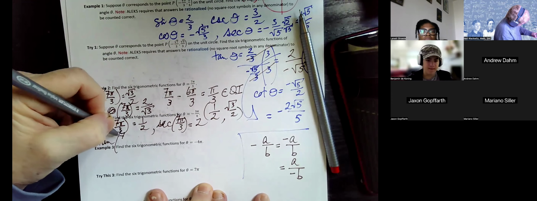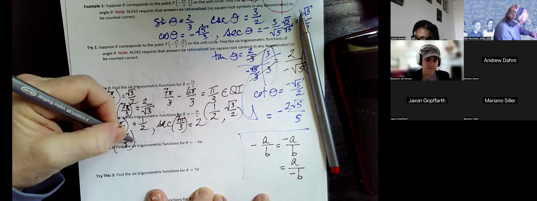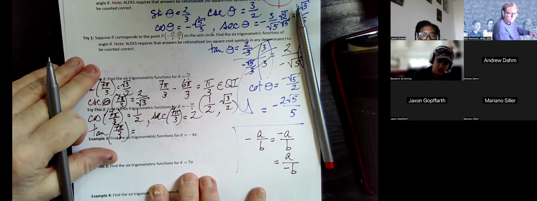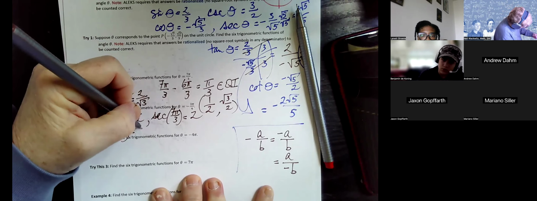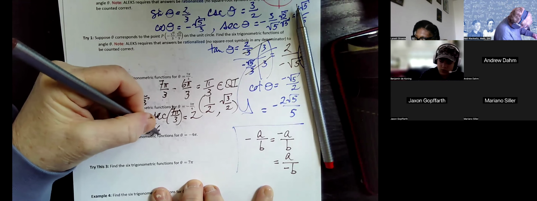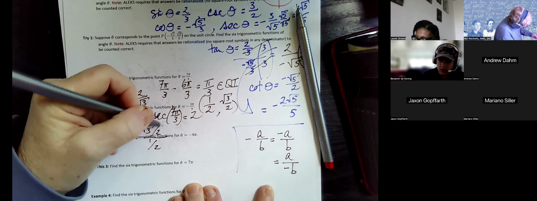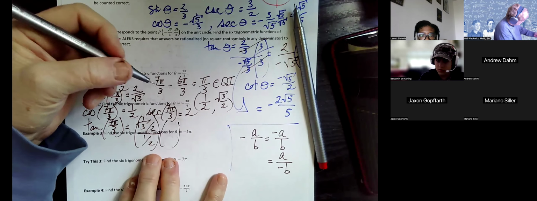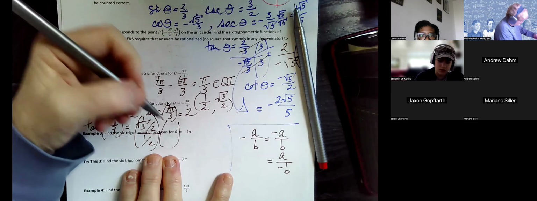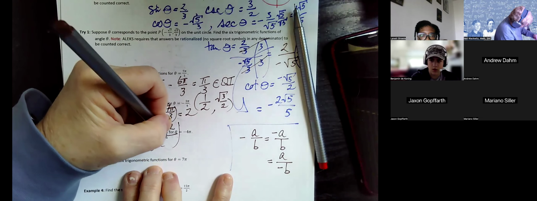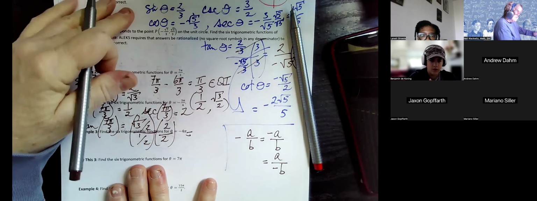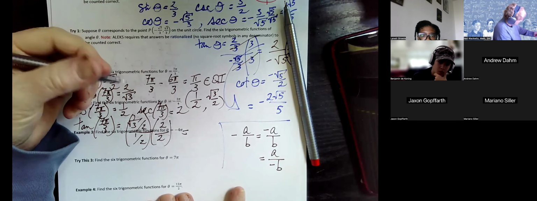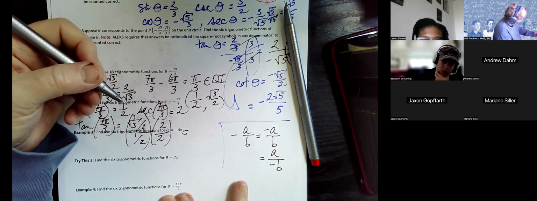The tangent of 7 pi over 3 is square root of 3 over 2 over 1 over 2. And we have a common denominator of 2, so we're going to multiply by 2 or divide by 2. But yeah, okay, great. And what do we end up with in the numerator? Square root of 3.